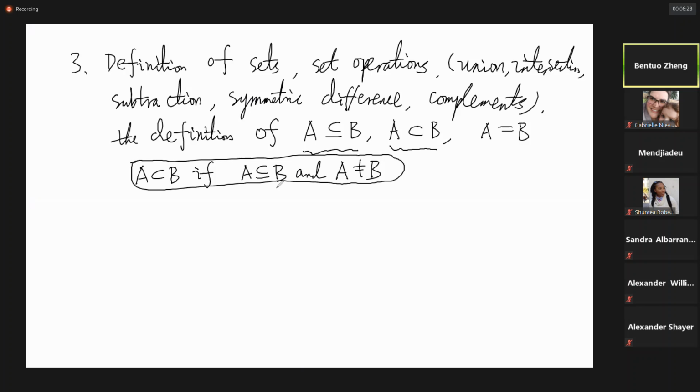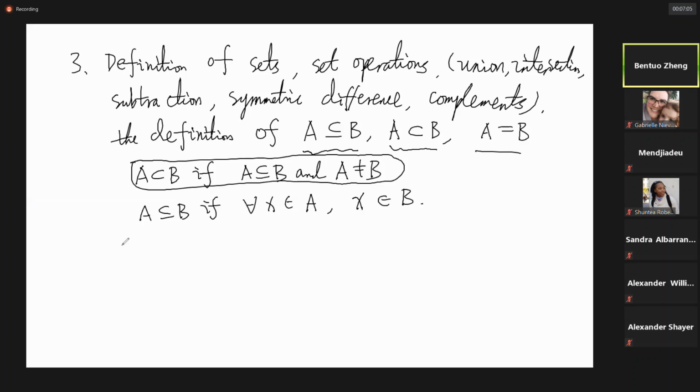And of course, when you want to define A is a subset of B, you have to say A is a subset of B if for any X in A, X is in B. And similarly, you can define A equals B. So you have to know how to define it using mathematical language, okay?